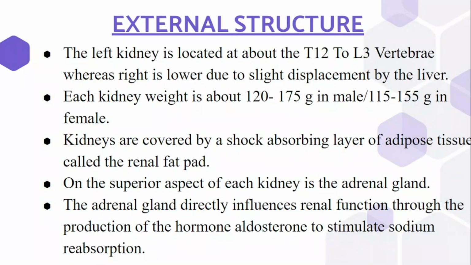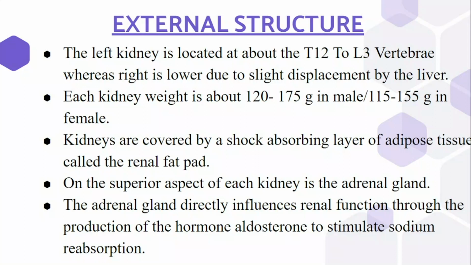Now we are going to discuss the external structure of your kidney. Your left kidney is located at about T12 to L3 vertebra. T means thoracic vertebra 12 to L3, lumbar vertebra 3.